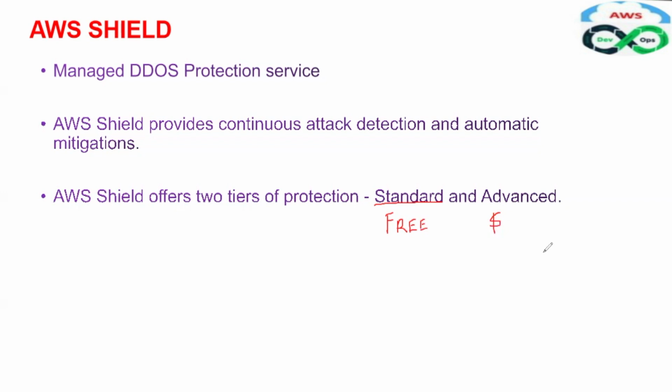Because as part of the advanced protection, there will be a dedicated set of engineers allotted to your organization to closely monitor the DDoS attacks as well as take the appropriate actions. That is the reason Shield Advanced will incur some charges.